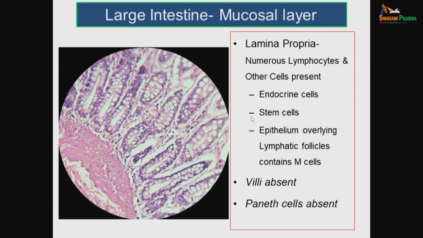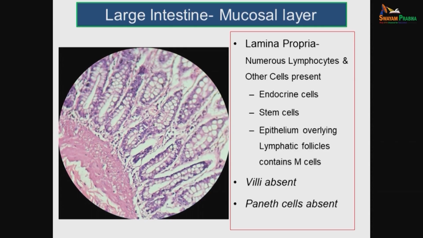So, the lymphatic follicles present in the large intestine are almost the same as in the ileum. They also contain M cells and their function is to phagocytize the microorganisms. In fact, they are called GALT, gut associated lymphoid tissue.